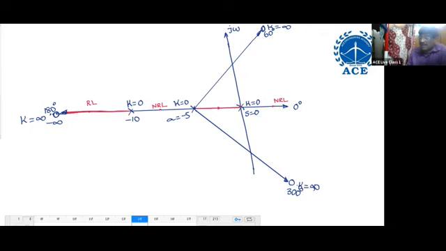Now you have to draw the root locus diagram. Drawing the root locus diagram is nothing but identification of the path from pole to 0.